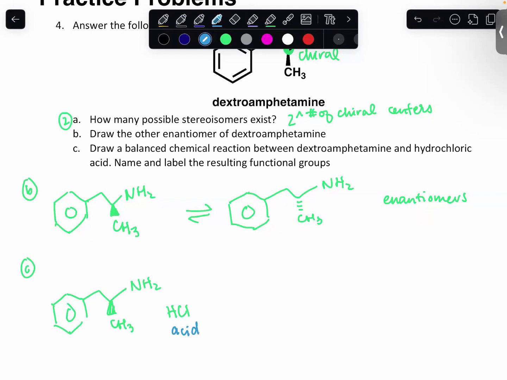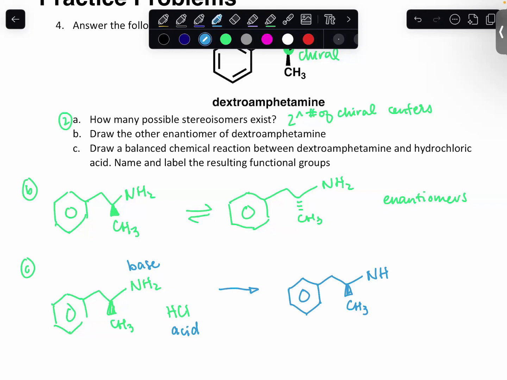What happens in acid-base chemistry? What are we moving around? Protons. So who is going to get a proton and who is going to give a proton? The amine is going to get a proton from HCl.